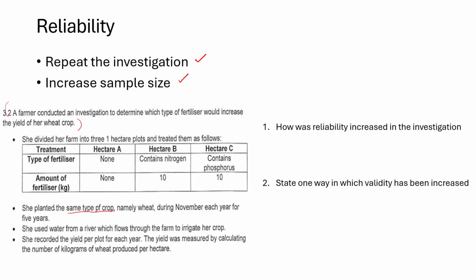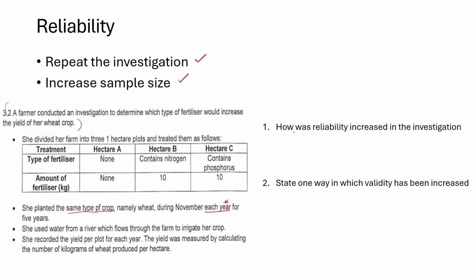Okay, so they say here she planted the same type of crop, namely wheat, during November each year. The word each year means that each and every November she planted some wheat in this case. So she's repeating the investigation.